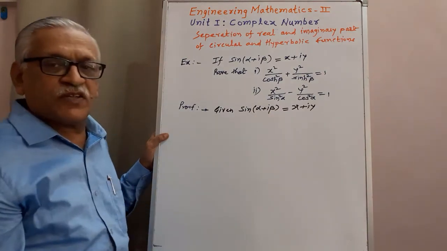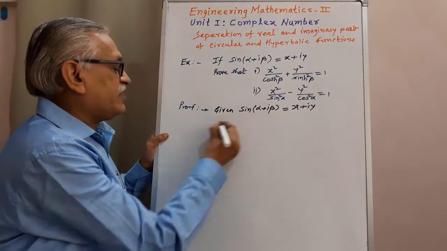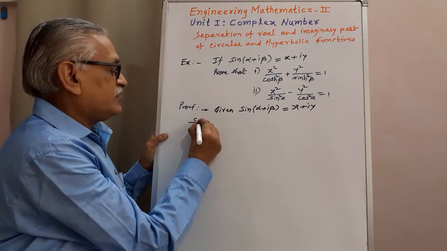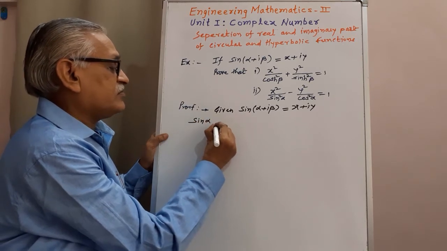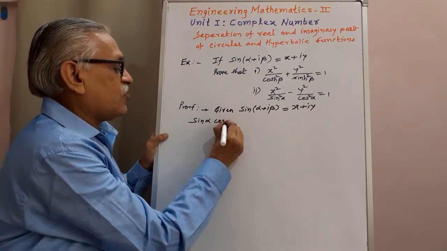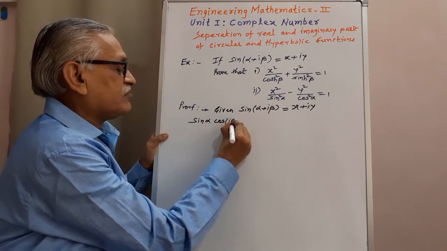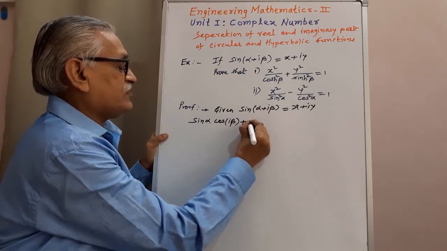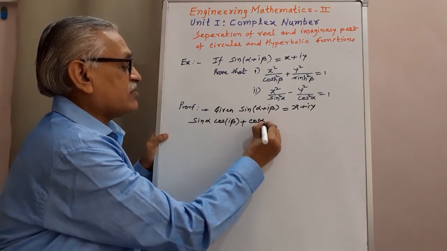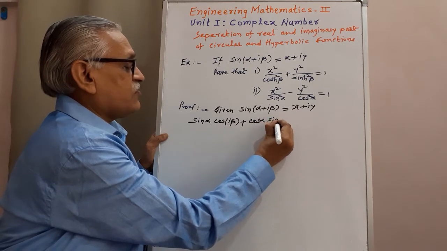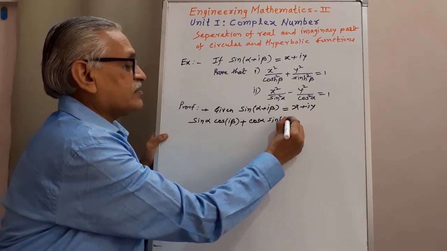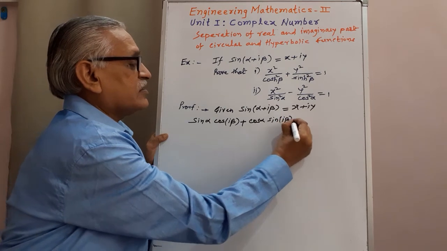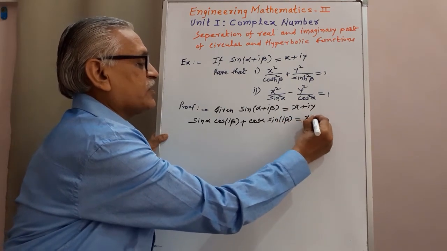It is sin A cos B plus cos A sin B, and as per that it is sin alpha cos i beta plus cos alpha sin of i beta is equal to x plus iy.